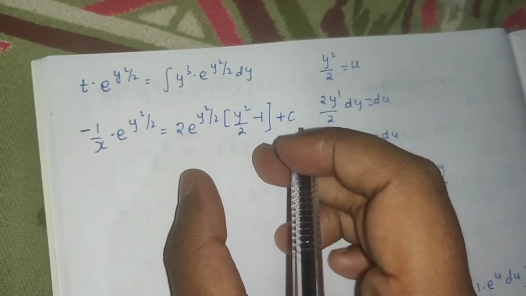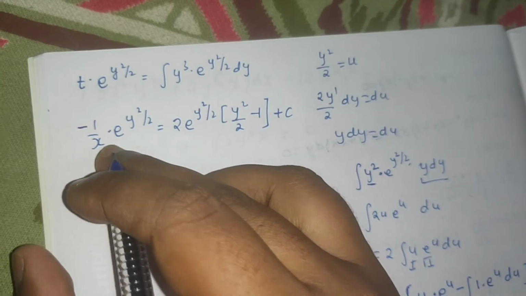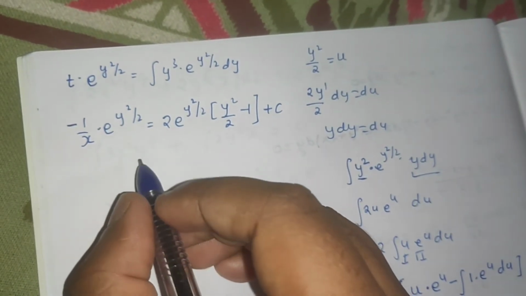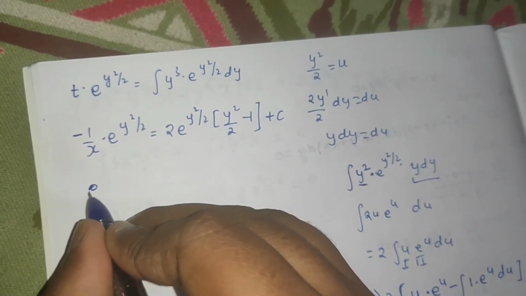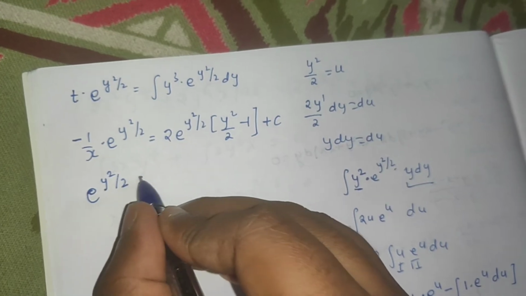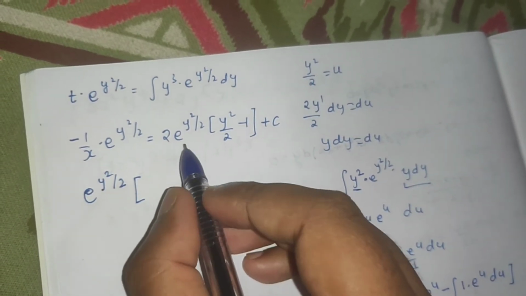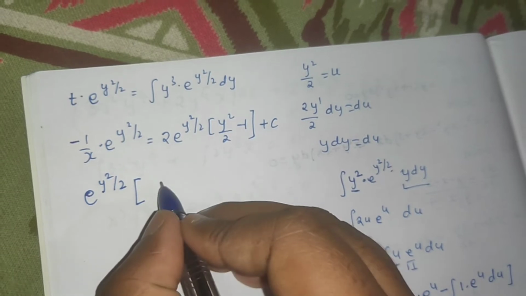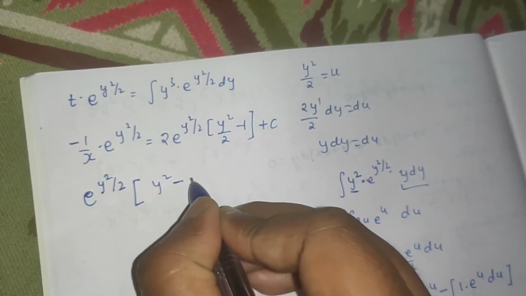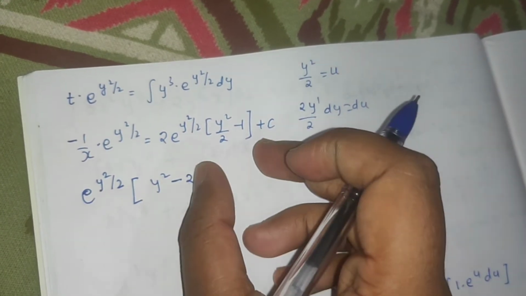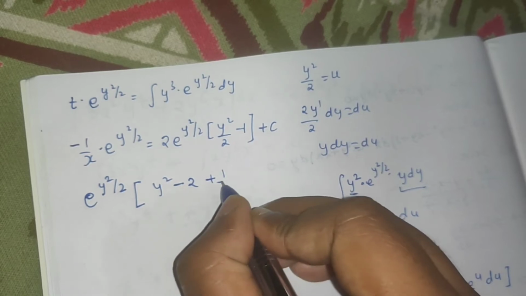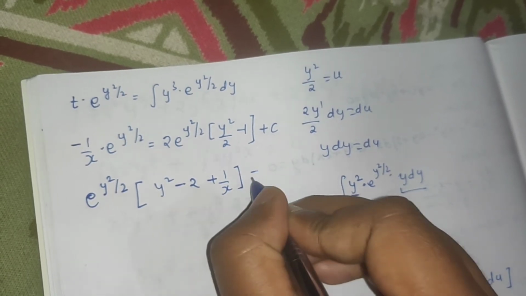What you can do is to take this term to the right hand side, and c or minus c doesn't matter. So finally what we are getting is e power y square by 2, taking common from this term. So you'll get 2 into this, so y square minus 2 from this term, and this gets added, so plus 1 by x equals to c.